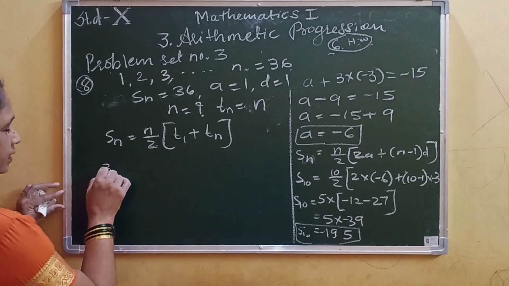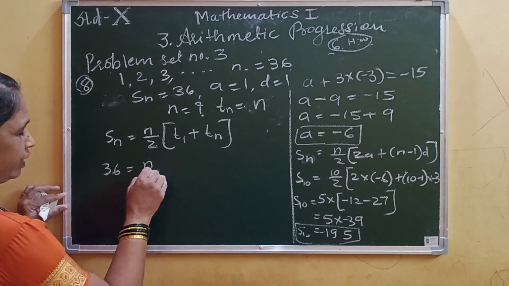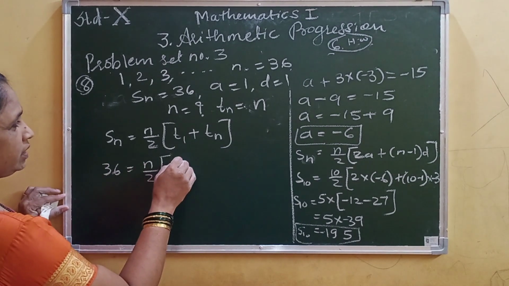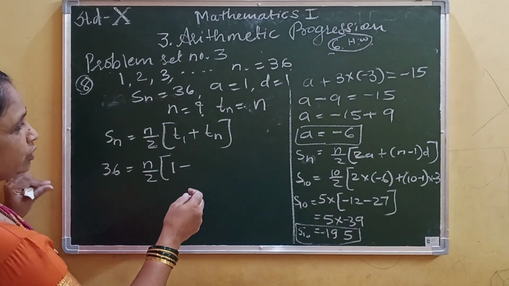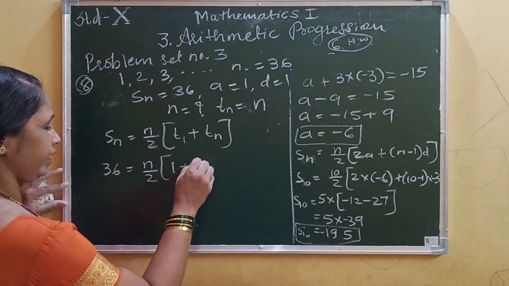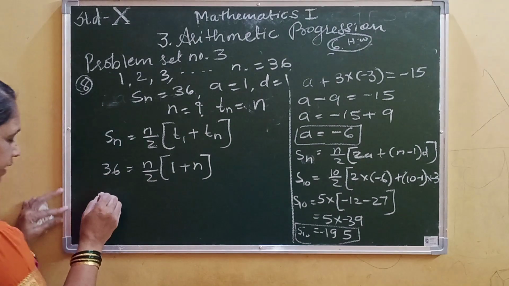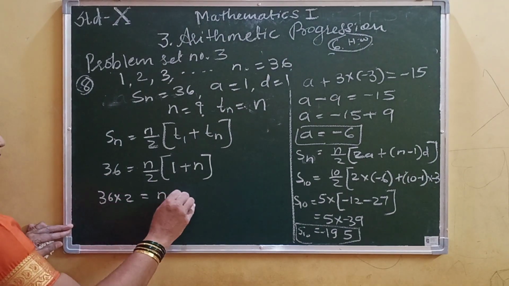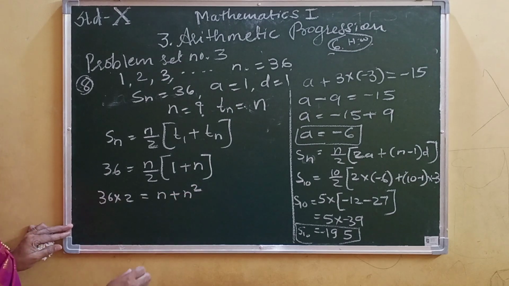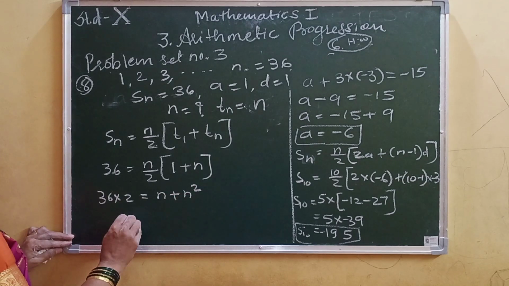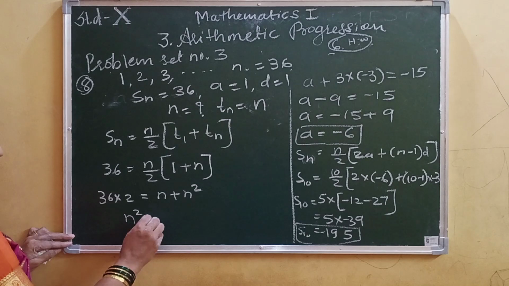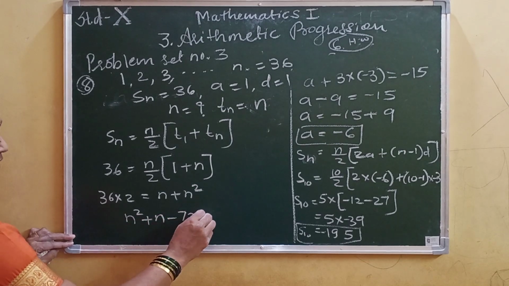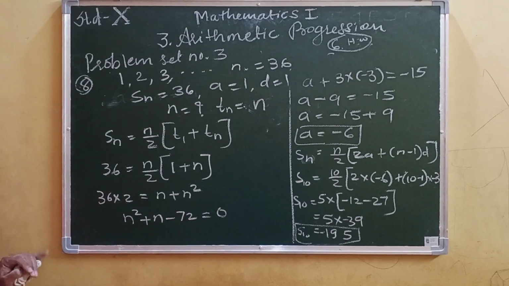Now Sn is 36, and we have to find n. First term is 1. Difference is not necessary. Tn is n. Now see, 36 into 2 is 72, and n plus n square means n square plus n minus 72 is equal to 0.